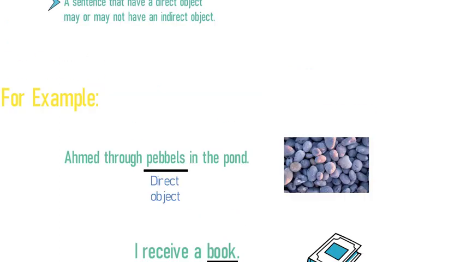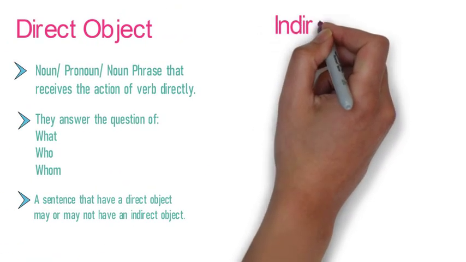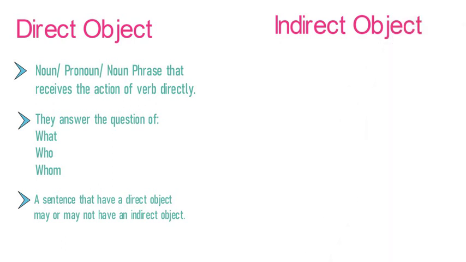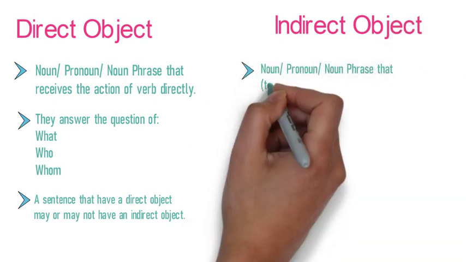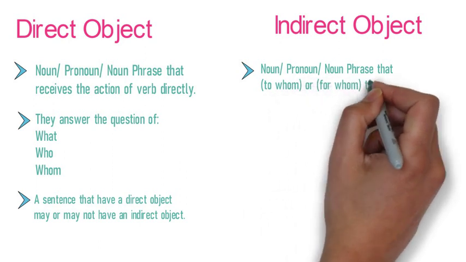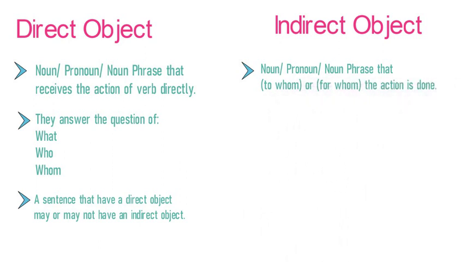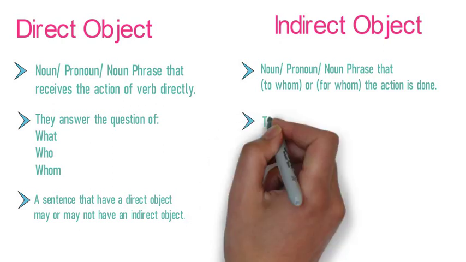Now let's have a look at indirect objects. A noun, pronoun, or noun phrase to whom or for whom the action is done. It receives the action through the direct object and not directly.